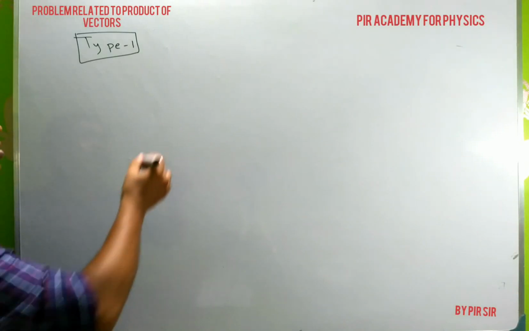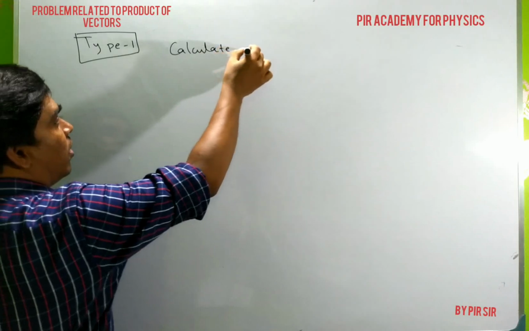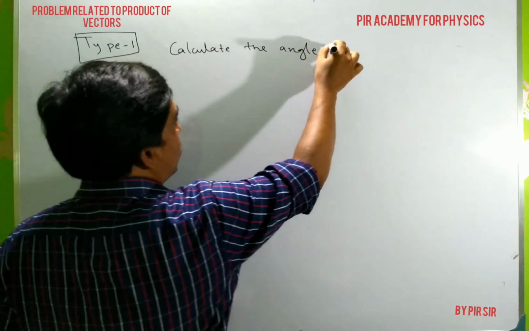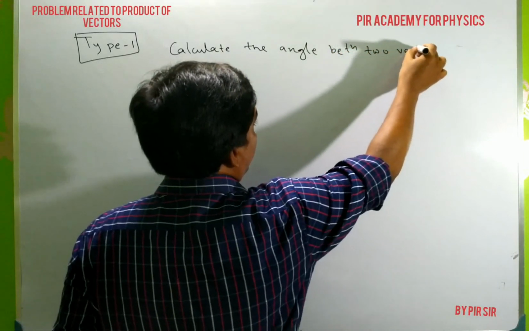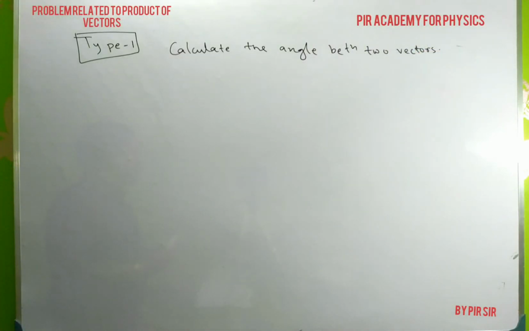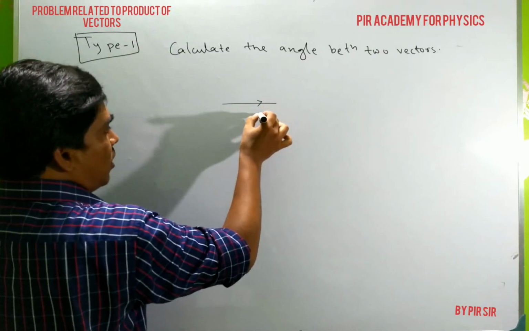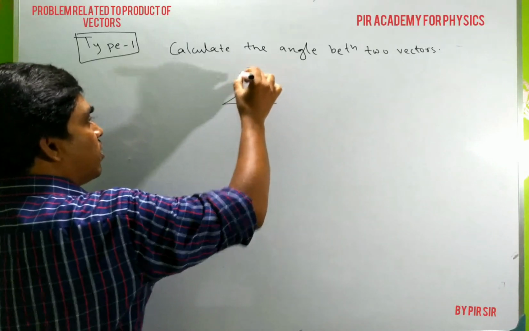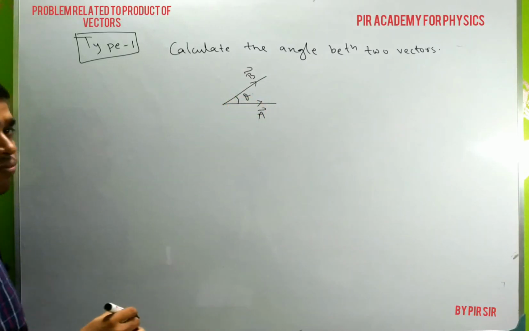You have to calculate the angle between two vectors. Say A is this vector and B is this vector, and the angle between them is theta.